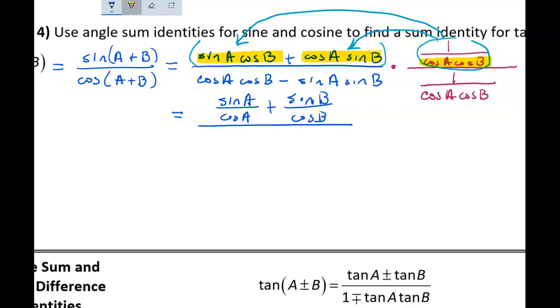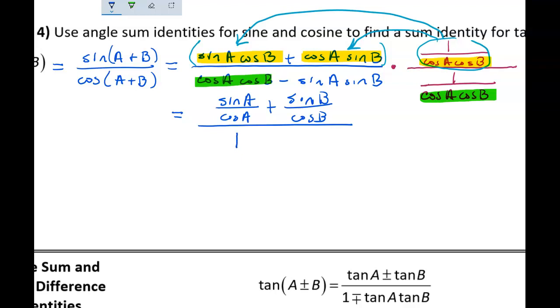Now let's distribute to our denominator. So we're going to distribute 1 over cosine A cosine B to cosine A cosine B, the first term. And when we do so, everything cancels, and that just leaves us with 1, right?